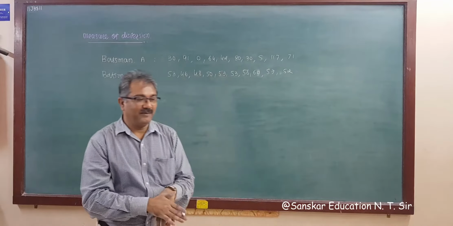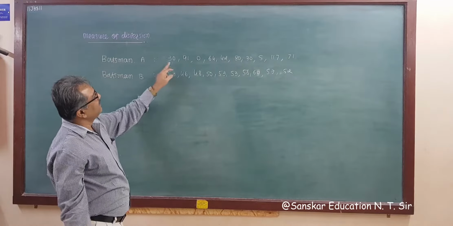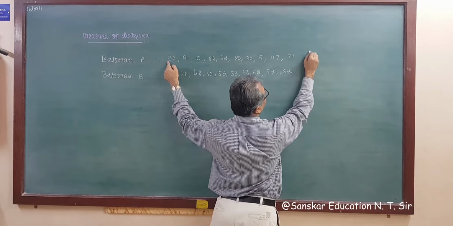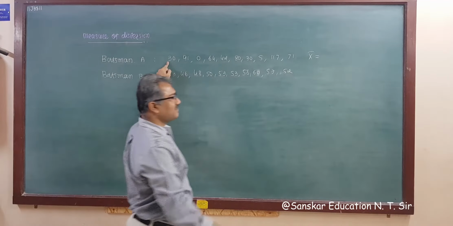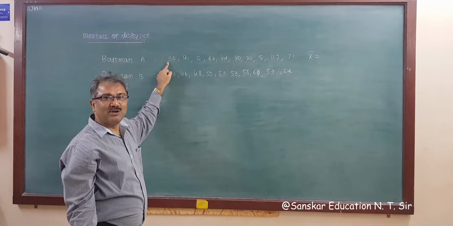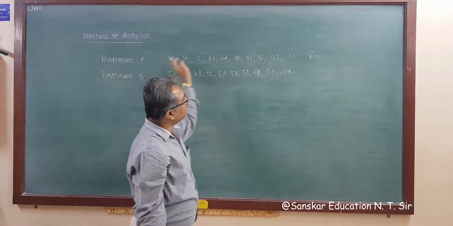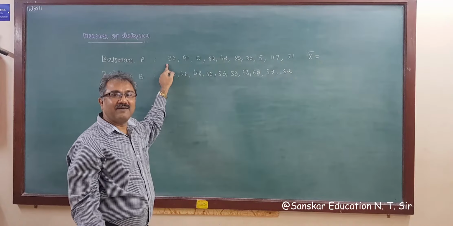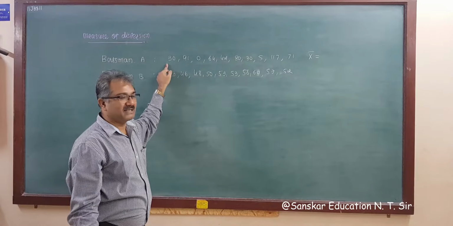A and B. Now calculating the mean for these. The mean x bar is equal to the sum of the observations divided by the total number of observations.